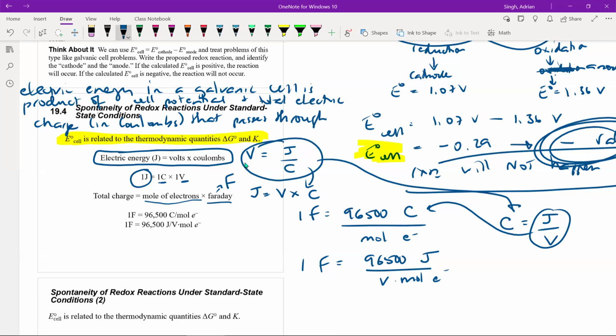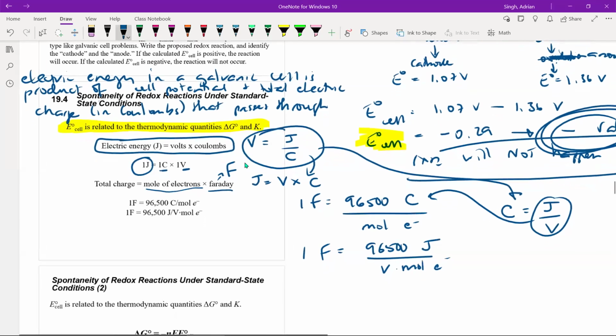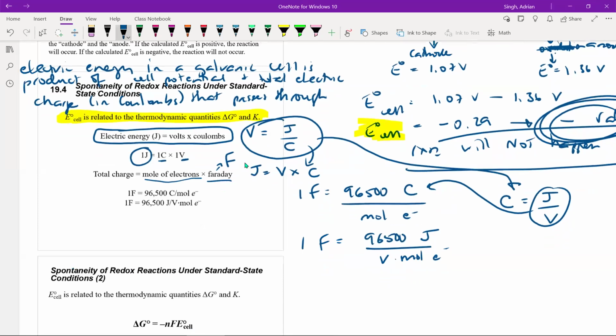So that measured cell potential that we can hook up to a voltmeter, for example, is the maximum voltage that that particular cell, whatever that cell is, can produce. And that's used to calculate the maximum amount of electrical energy that can be obtained from whatever that chemical reaction is. And that energy then can be used to do electrical work. So the electrical work is simply equal to the maximum, right?